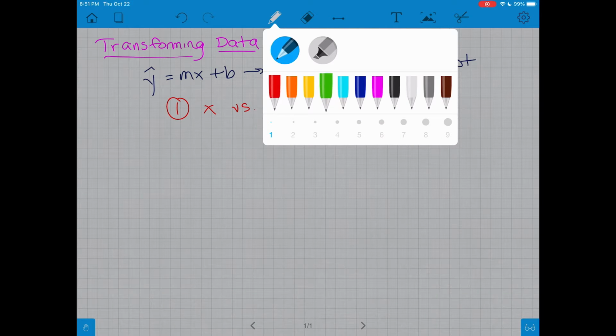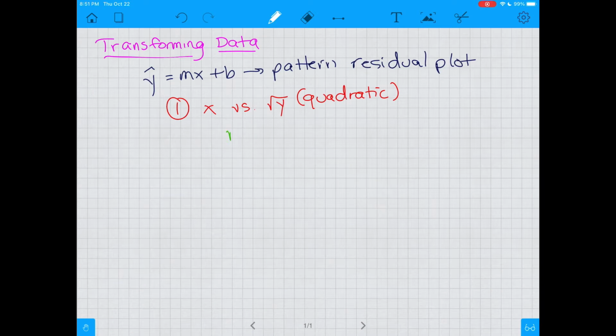My equation now is that the square root of y equals mx plus b. So if you're trying to make a prediction back to the original question, we need to remember at the end to square our result. If my model predicts 4, really it's predicting 16.